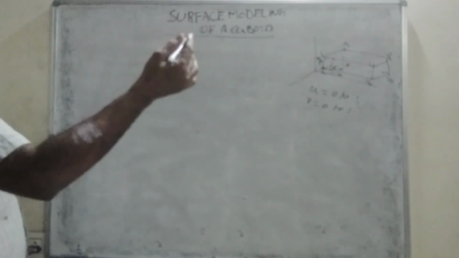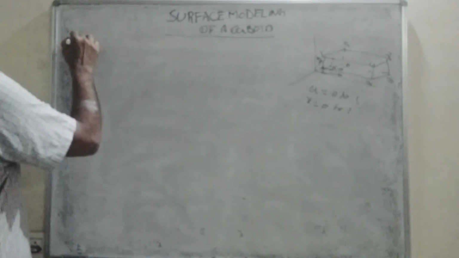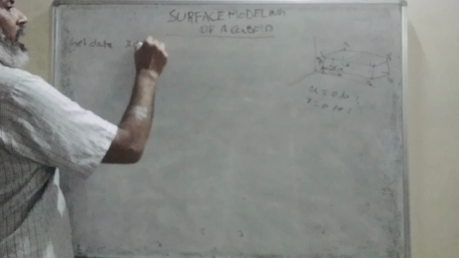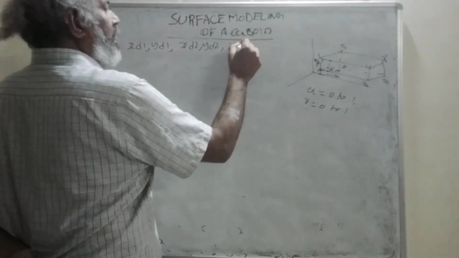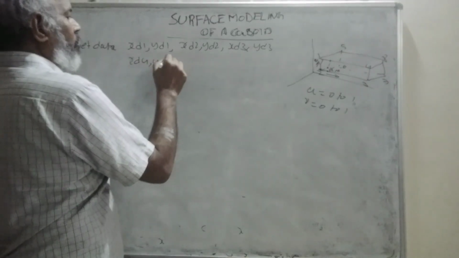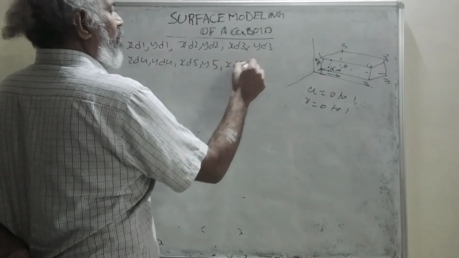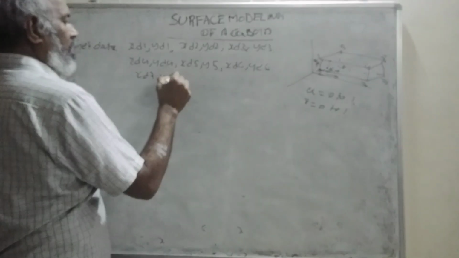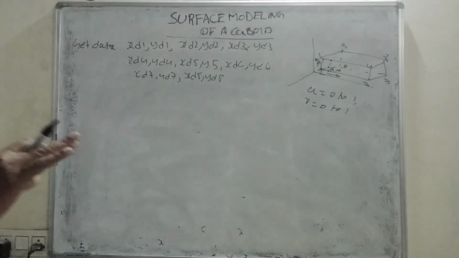So for the 3 coordinates of the 8 corners, you identify and get the data of xd1, yd1, xd2, yd2, xd3, yd3, xd4, yd4, xd5, yd5, xd6, yd6, xd7, yd7, and xd8, yd8. So this is the 8 coordinate data.